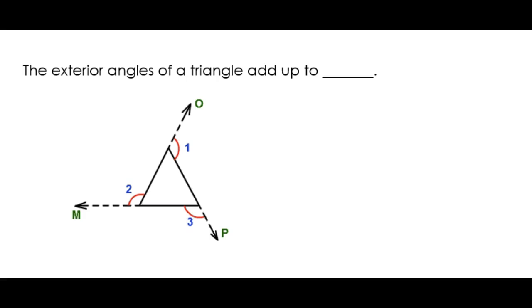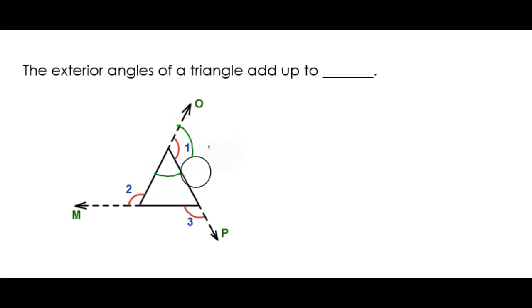We can also look at the exterior angles of a triangle and see what they add up to. For instance, when I'm looking at this, I can see that I have supplementary angles here. So this whole thing, I know that it will be 180 degrees. Let's just pretend for a minute that this is an equilateral triangle.